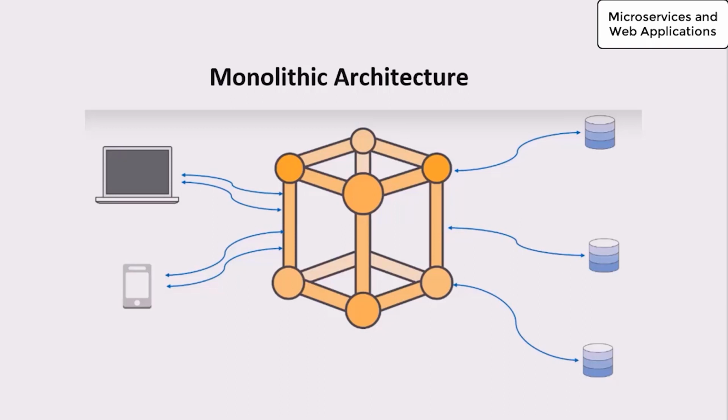So if something fails in that architecture, in that web application, which are integrated with each other tightly, the whole application will be down and the request might not be processed. So this is a monolithic architecture, where everything is tightly coupled and dependent on each other. If something fails, the whole web application will break down.